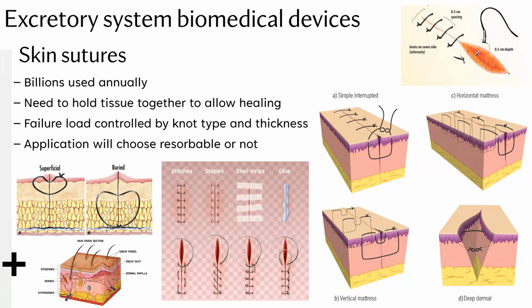And these materials can also fail, very much like any other biomedical device, any other material used in those devices. Sutures can also fail, and we'll look at that in a minute.